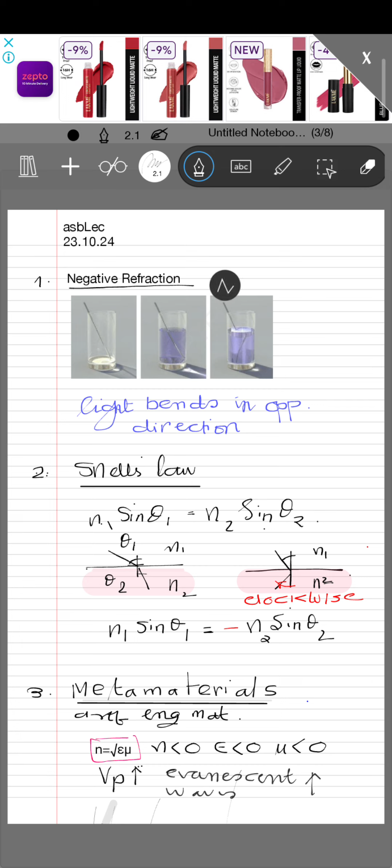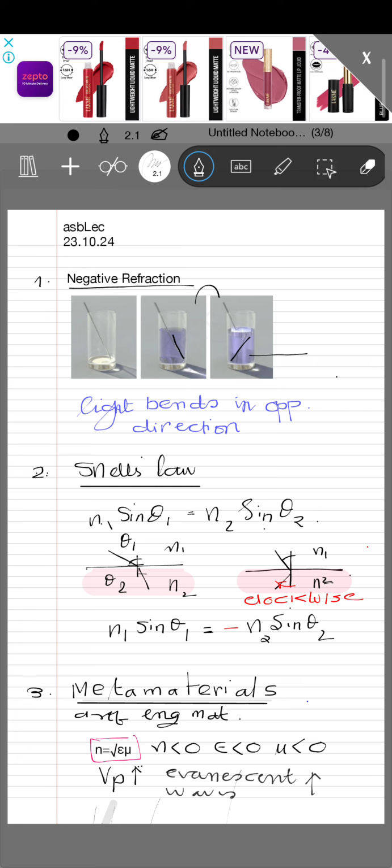If you look at the picture, you can see that the difference between these two pictures is where a negative refraction is occurring. You can see how the object which was visible in one direction suddenly changed to another direction when this material was changed.